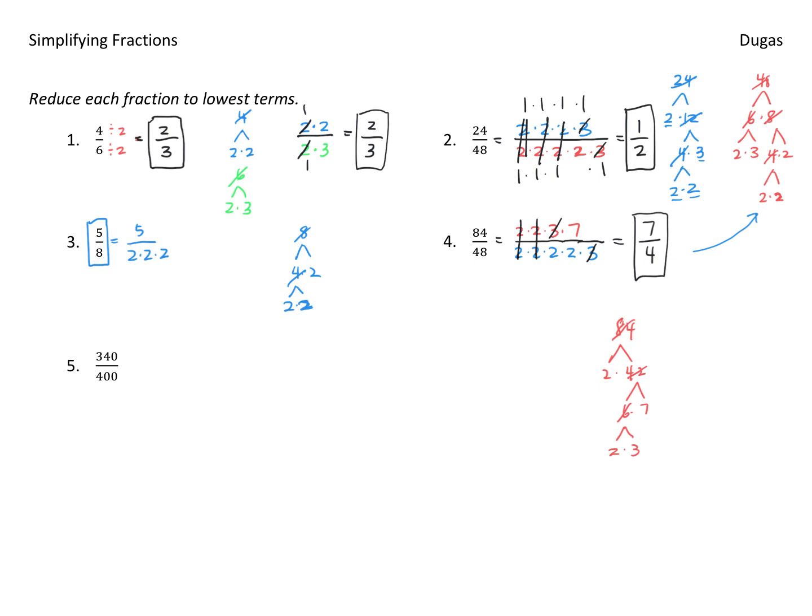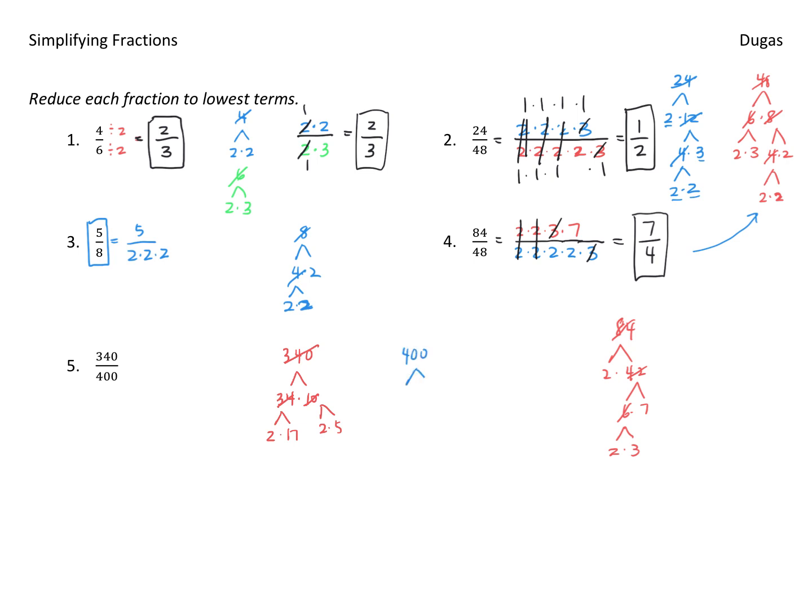Our final example is 340 over 400, so we're going to do the same thing. So 340, that could be 34 times 10. 34 is 2 times 17. 10 is 2 times 5. And it looks like those are the prime numbers that are left over. And so we can do the same thing with 400.